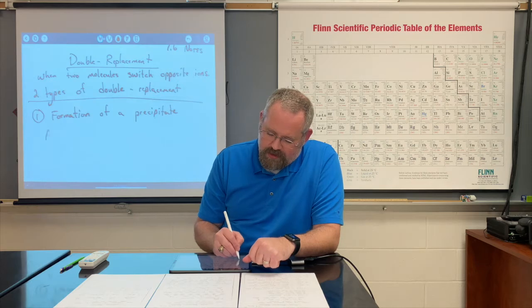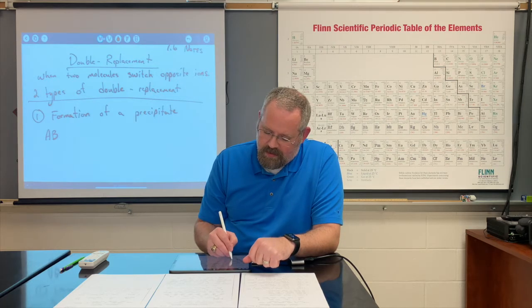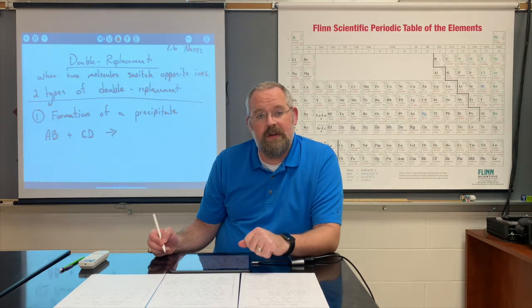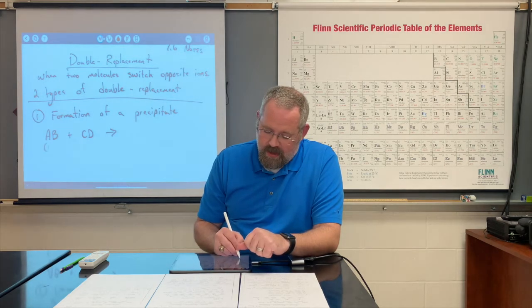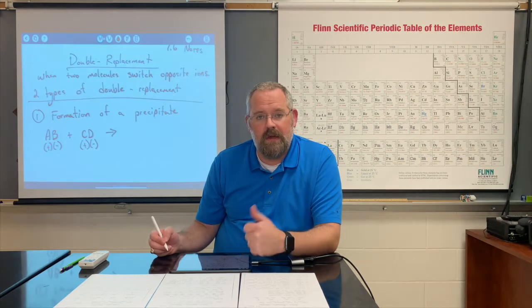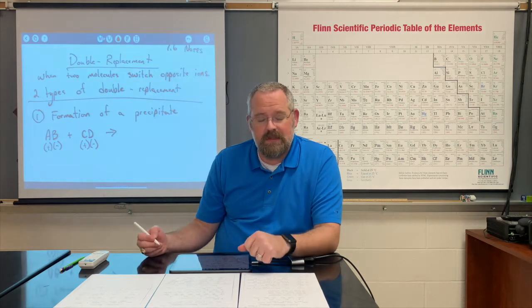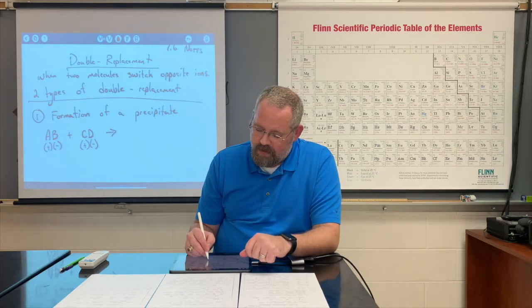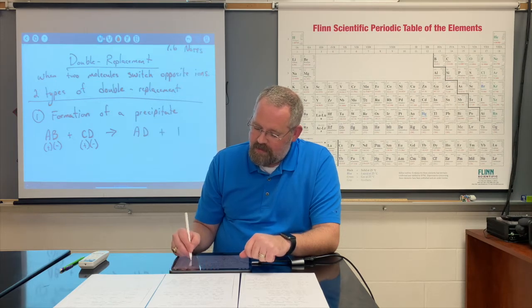So just like your single replacement, it's vitally important to know your positives and your negatives. Okay, so in a compound we've got our cation and our anion, and our cation and our anion. And when these two things mix together, it's going to create that solid precipitate. So we're going to have AD plus BC.